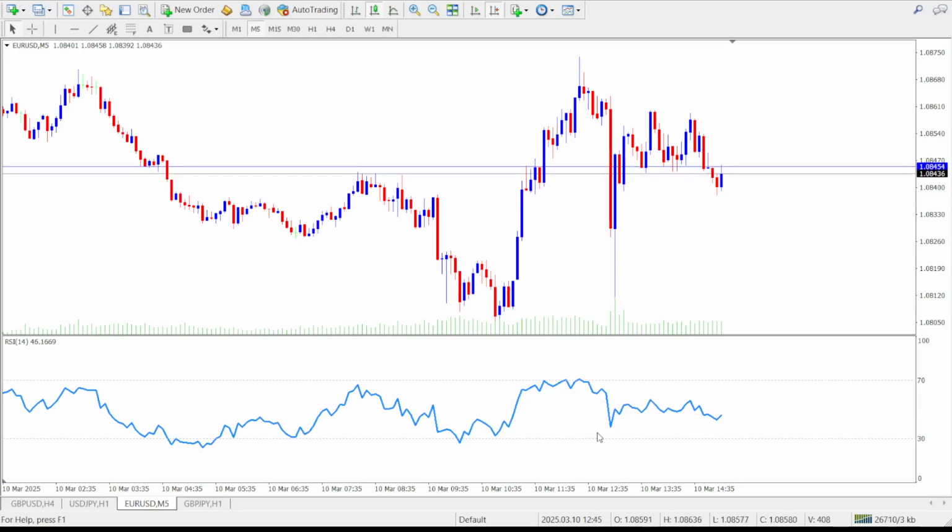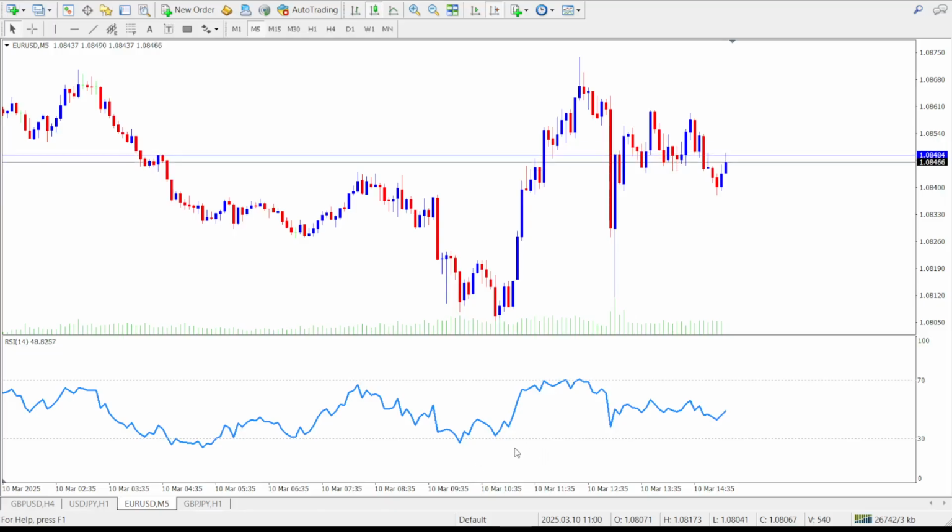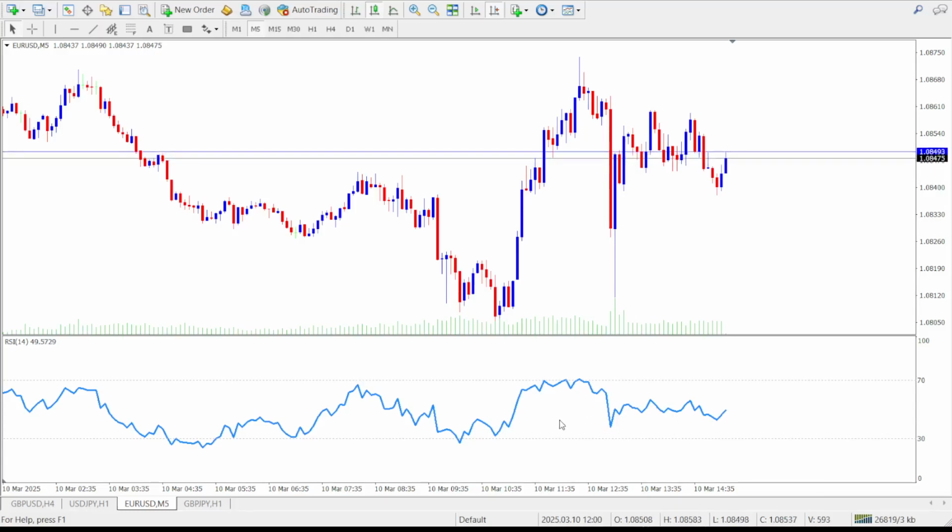For example, if the RSI is above 70 and starts turning down, it could mean the price is about to reverse from a bullish trend, giving you the perfect moment to sell. Similarly, if the RSI is below 30 and starts turning up, it may signal a buying opportunity. The RSI is a fantastic tool because it helps you catch potential reversals early, which is crucial for scalping strategies.